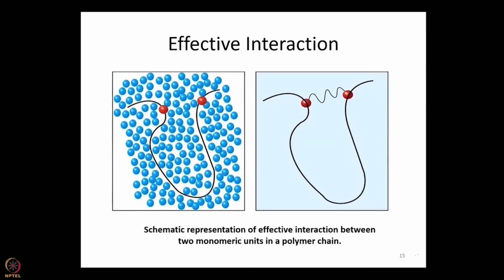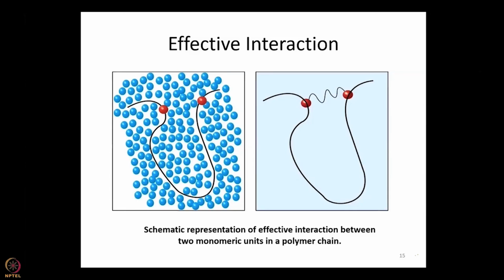As a result, because the solvent molecules will put an effective force, the two monomers attract each other. So depending on the quality of the solvent, good solvent or bad solvent, two monomers have an effective interaction, they like each other or they don't like each other.